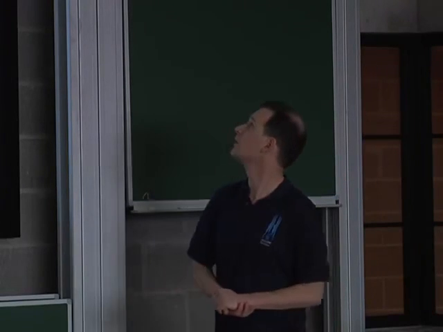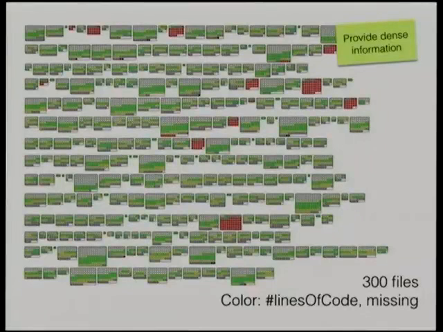So what do we mean when we say we can provide dense information? We have pictures like this where we see 300 files, and we see for each file which other file it is referencing. We try to give some more information in there, so we give them a color: the white ones are very small files, and the black ones, or the blacker ones, are the larger files.